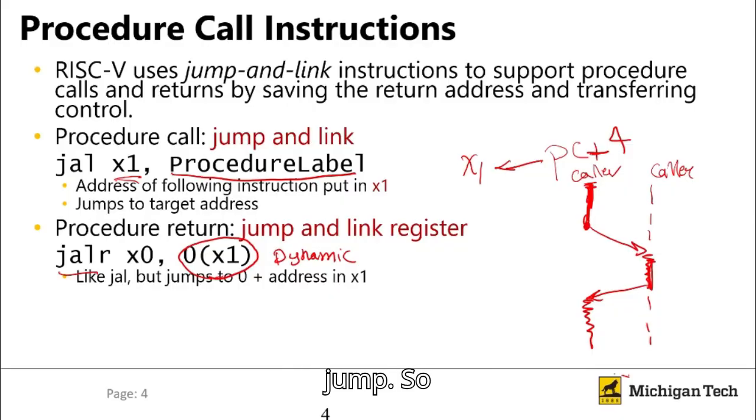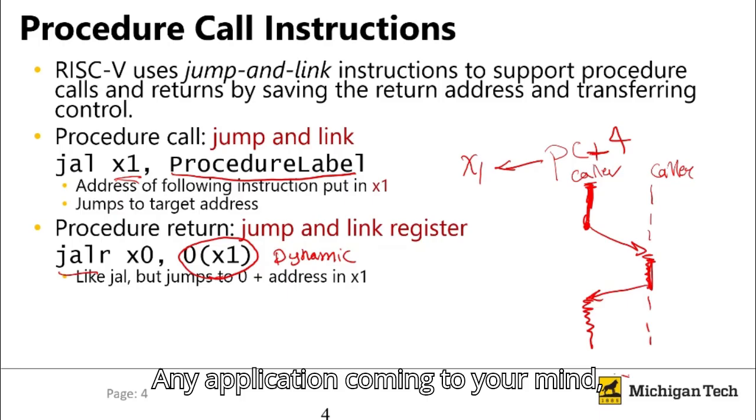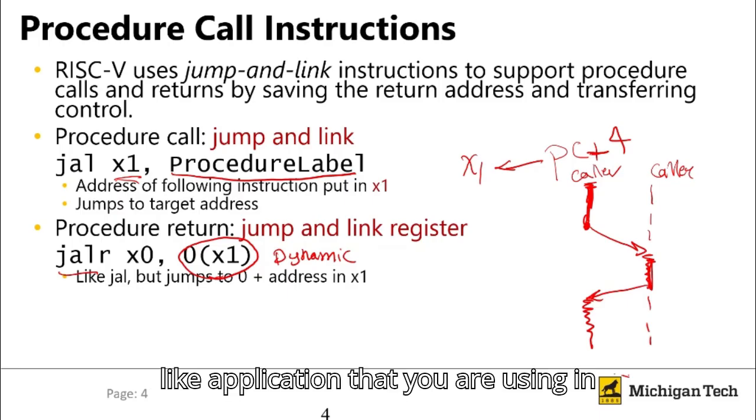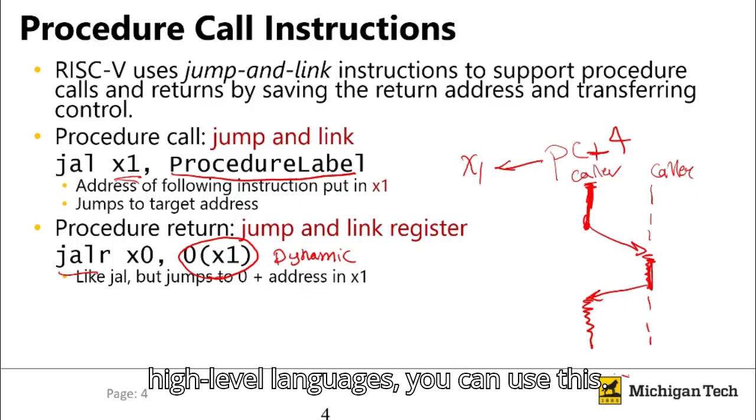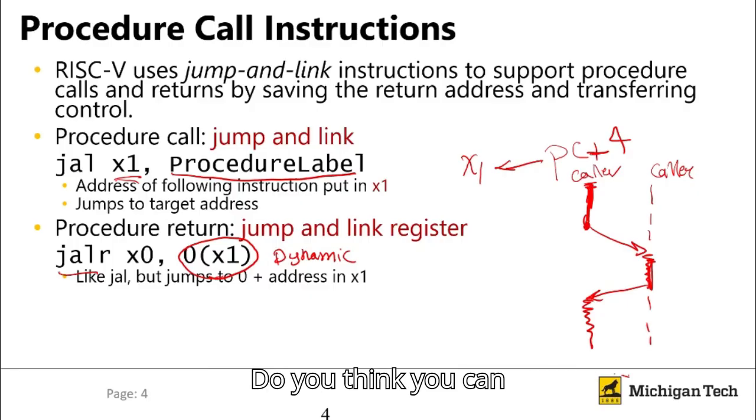Any application coming to your mind, like applications that you are using in high-level languages? Do you think you can use this instruction for that? Do you have any dynamic jump in, for example, C++ or Java or Python?